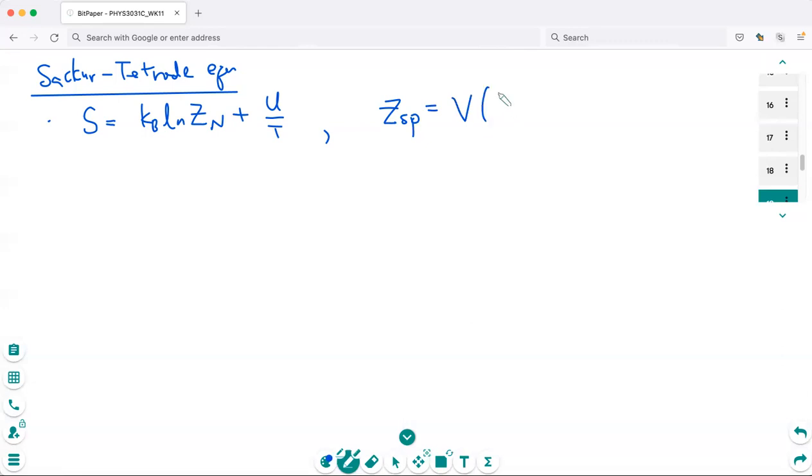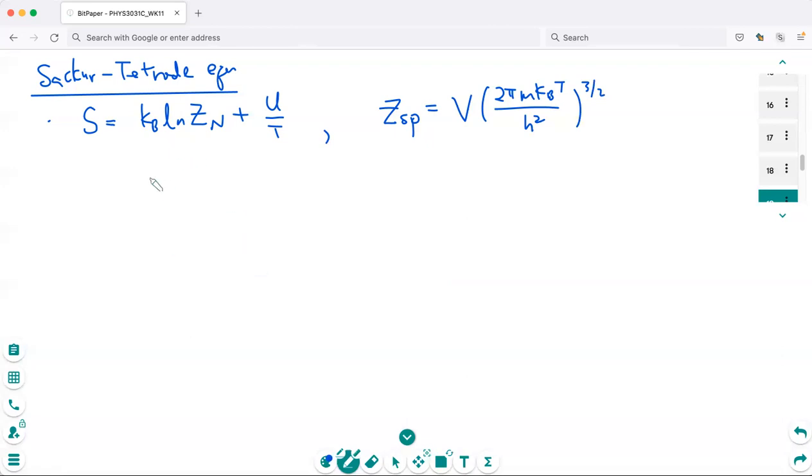This is this guy: kBT over h squared. If you want to use this expression, you need to assume the relationship between them. So I will give you the result right away.